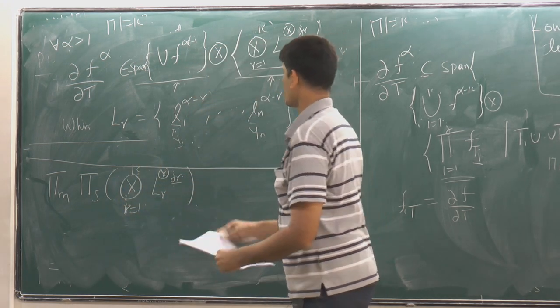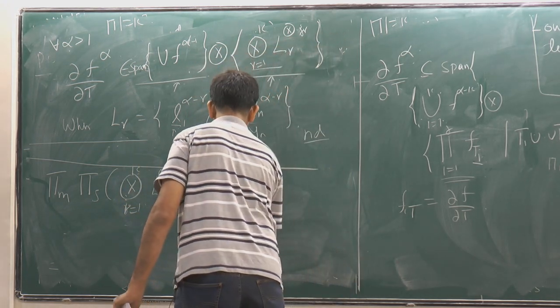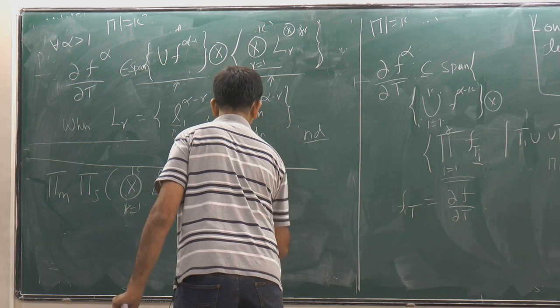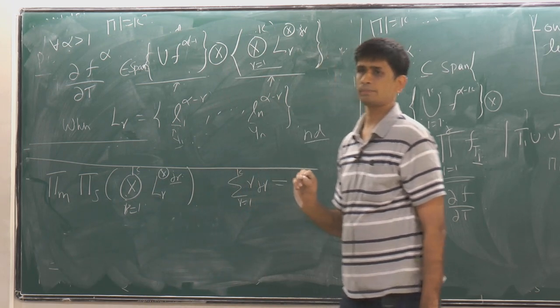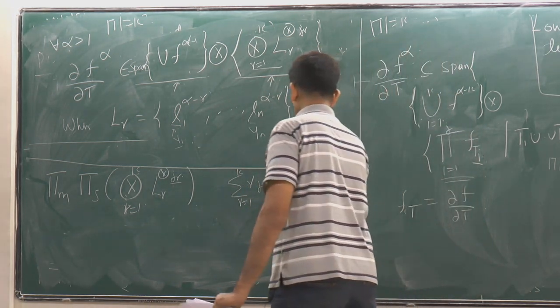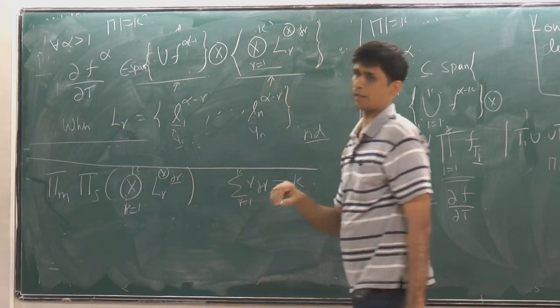So the orders should match, or in other words, the summation of r times J_r for r equal to 1 to k should be the total order, which will in fact be equal to k.